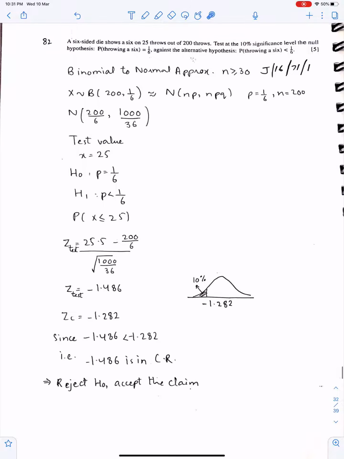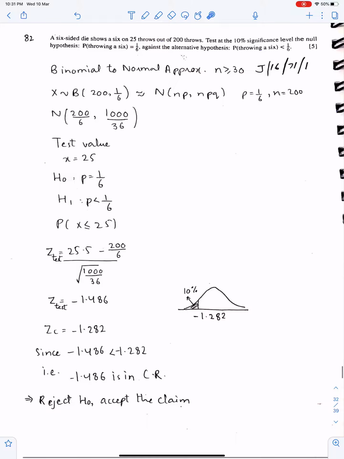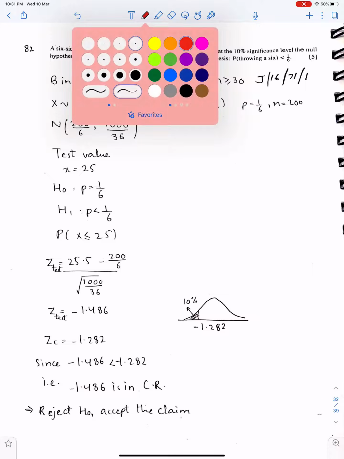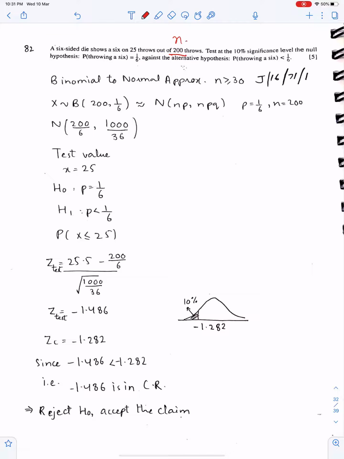Another question of normal approximation to binomial. A 6-sided die shows a 6 on 25 throws out of 200. So this is n of binomial, and this is the test value. 10% significance, 1 upon 6, less than 1 upon 6. Since n is very large, you have to use normal approximation. Again, you have to do continuity correction.